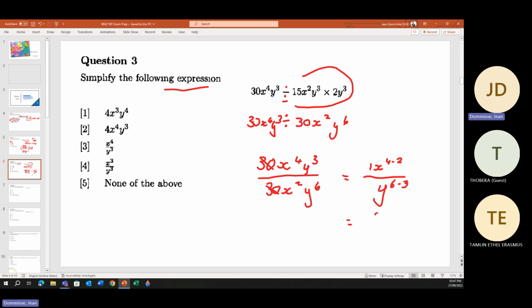So then at the top, it would be x, 4 minus 2 is 2. And at the bottom, it will be y, 6 minus 3 is 3. So if you then needed to rewrite it, but first I would check if any of these are correct. So let's see. No. Mm, none of them is actually correct. That's quite interesting.